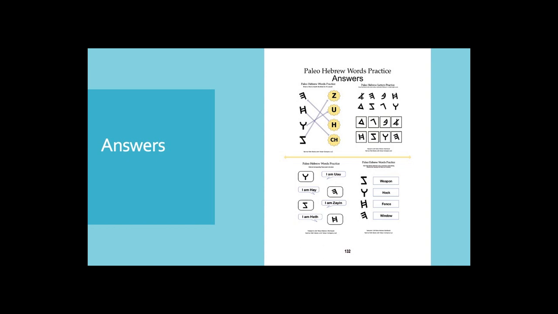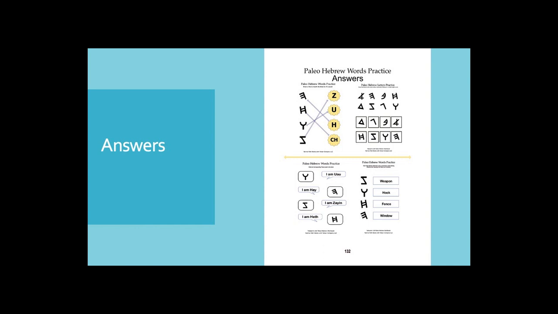The sounds are: Hey is the H sound, Hek is the CH sound, Ua is the U sound, and Zion is the Z sound, right? And we talked about the letters, the directions that they went. Aleph, bet, gimel, dalet, hey, zan.